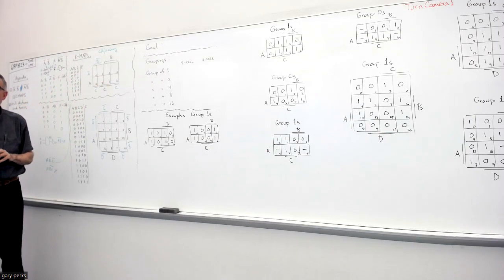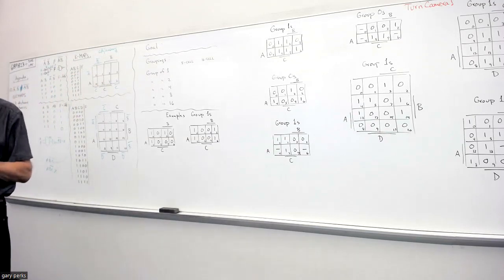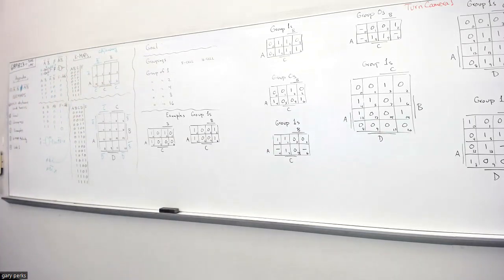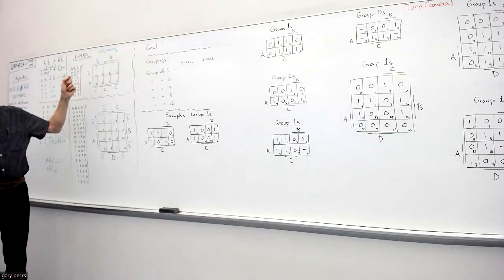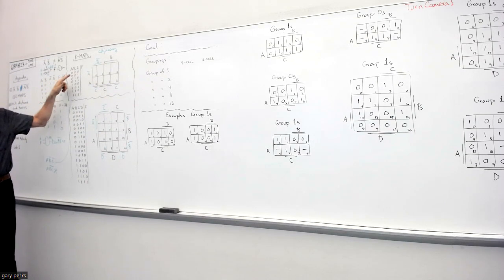For each cell, to know the binary number, you have to do it for each cell. Well, yeah, each cell, this number, which is called an index, corresponds to an input.